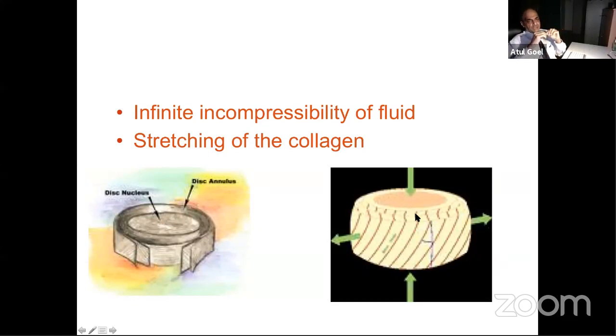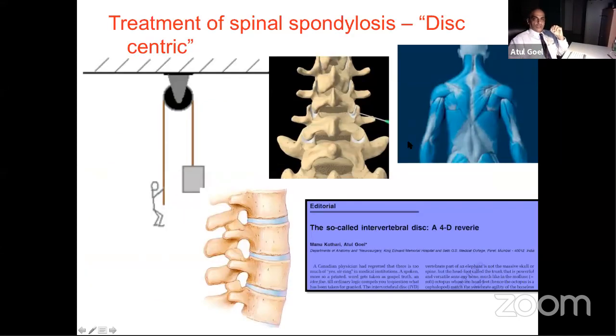And you must read my articles on this subject, that these are ball in ball joints. And this is a very beautiful contribution by one of my very great teachers on this subject, that this is divine. Disc is divine, okay? Disc cannot go wrong. This is my concept, and we have to pray to the disc.